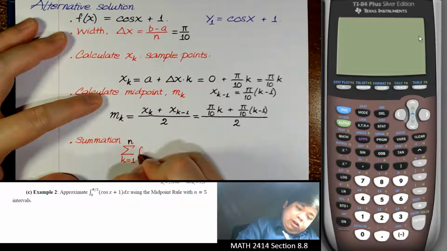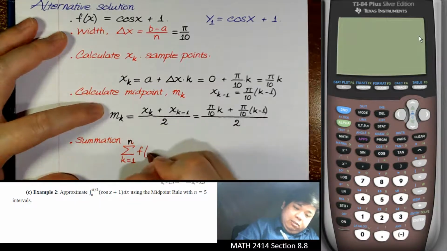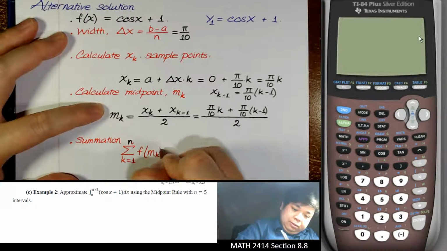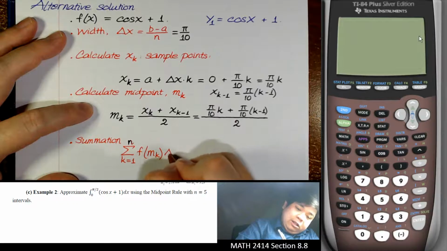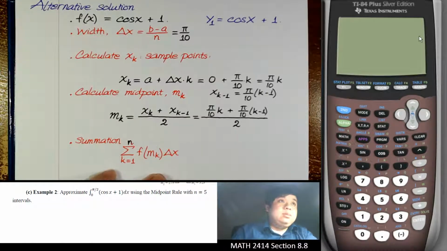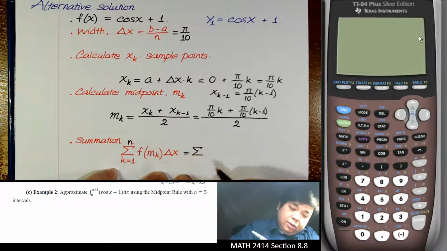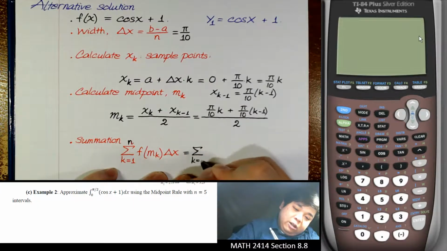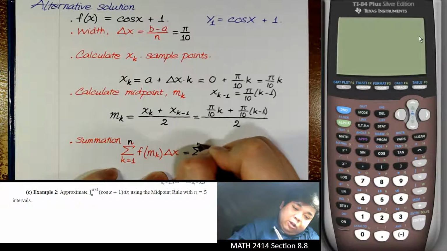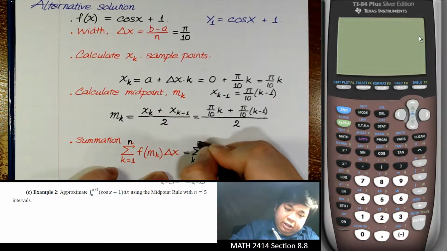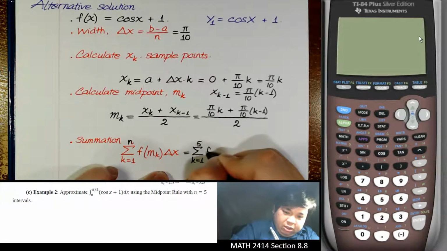And then we have the function at the midpoint times delta x. So k equal to 1 to 5, the function is still fine.